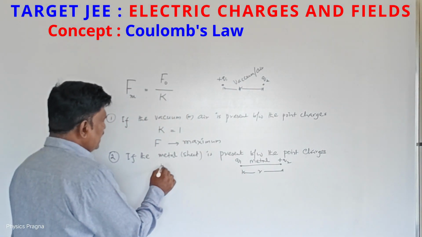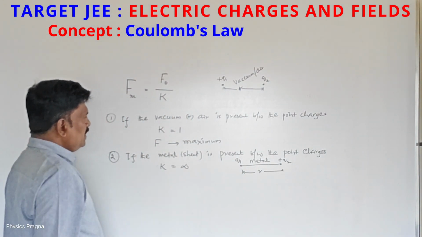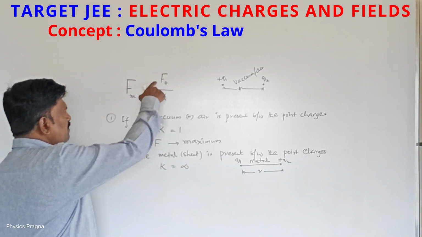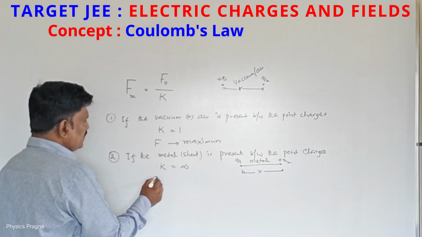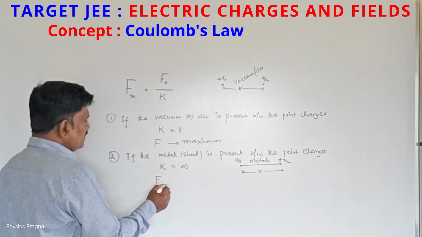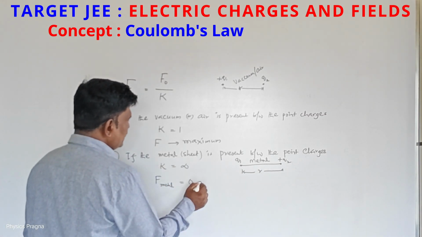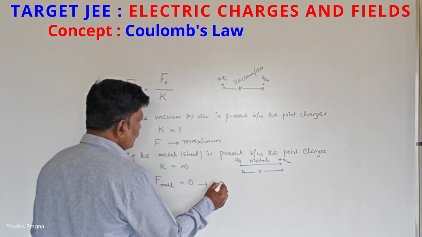For metals, k is equal to infinity. If you put k infinity in this formula, 1 by infinity is equal to 0. So F in metal is equal to 0. That means minimum.